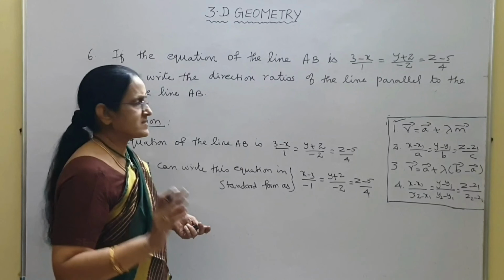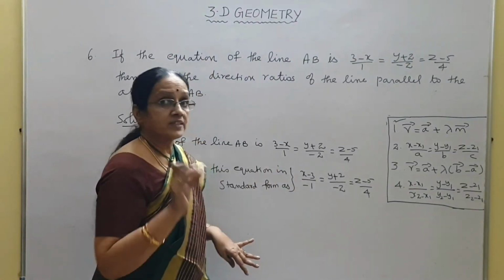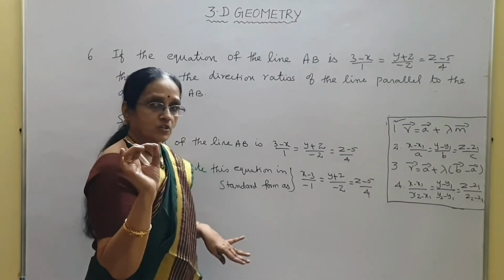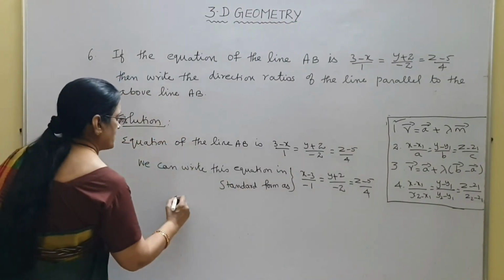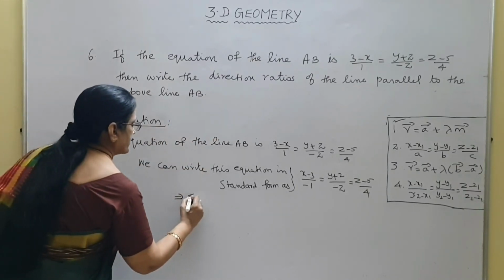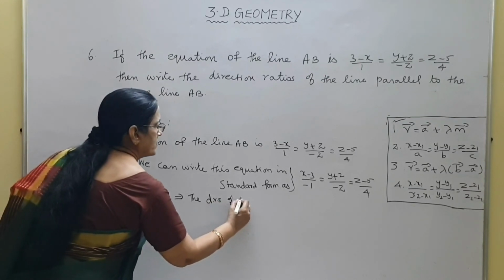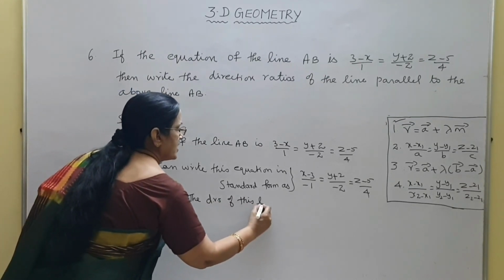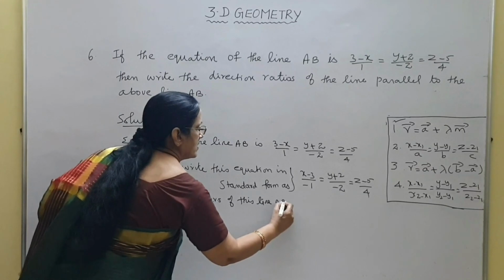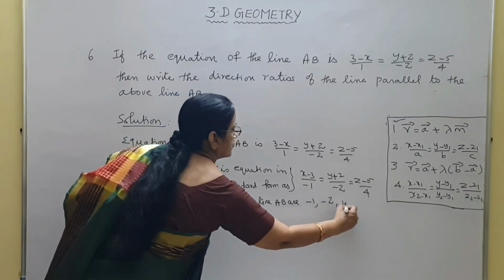Now see the difference? Here you are having minus 1. So that makes a lot of difference. You have to be careful. This implies the direction ratios of this line AB are minus 1, minus 2, 4.